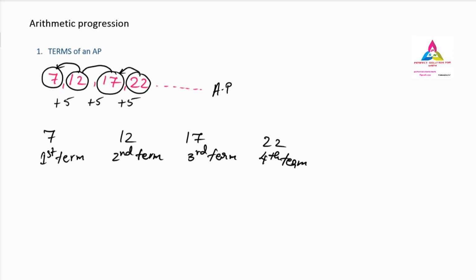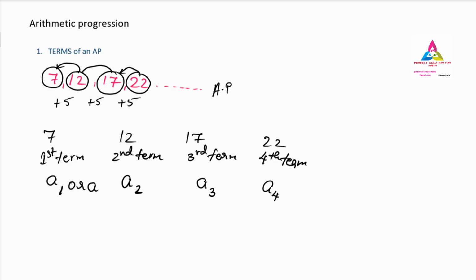One thing to remember: the first term in an AP will always be written as A1 or A. The second term, 12, will be written as A2. Similarly 17 will be written as A3 and 22 as A4.